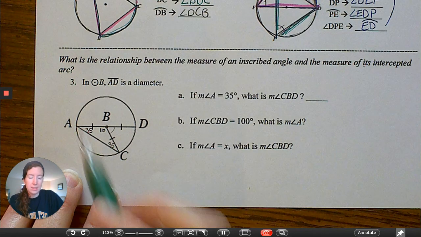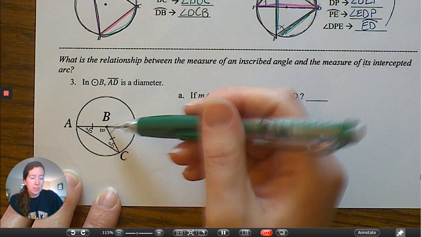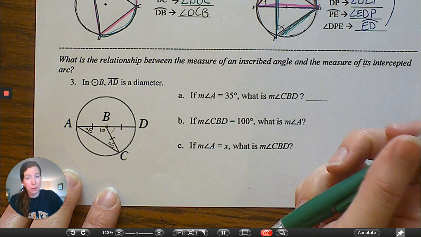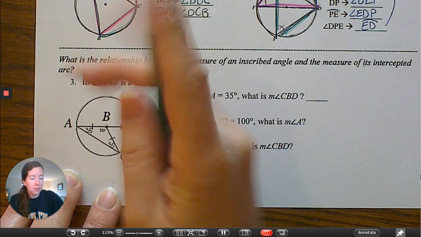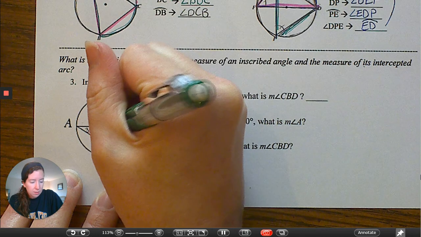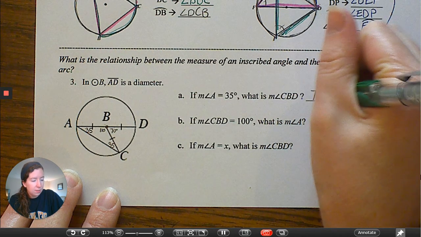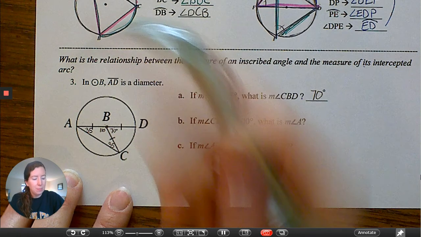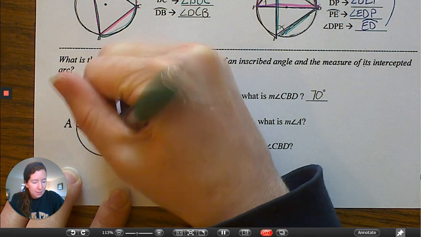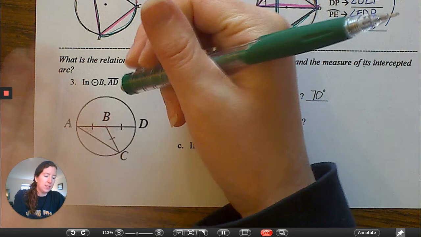So that's angle ABC. Well, angle ABC and angle CBD are supplementary because they make a straight line. So that would mean that this angle right here is 70 degrees. Cool. All right, I'm going to erase that and start fresh with the next example.